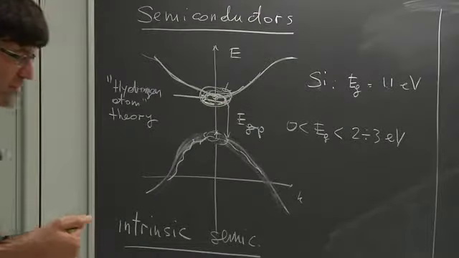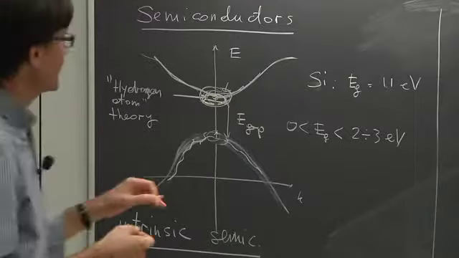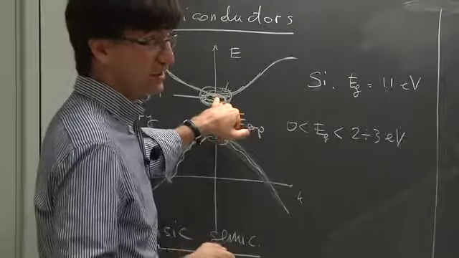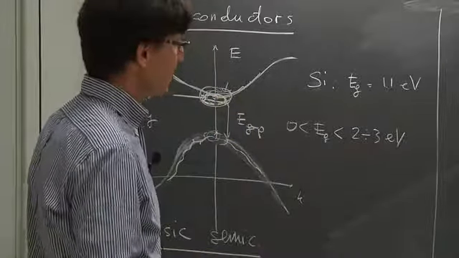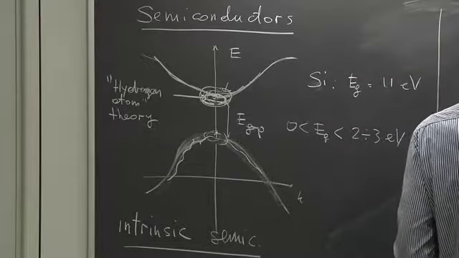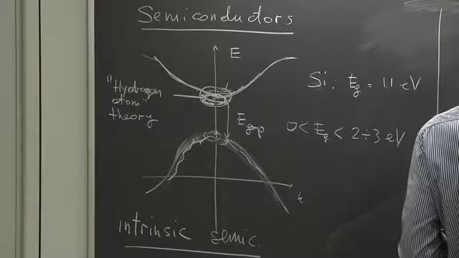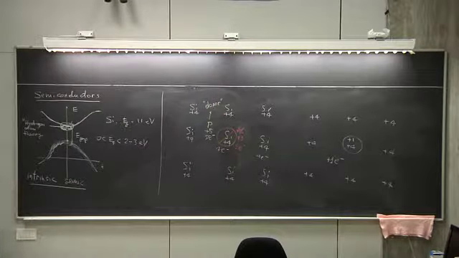But to first approximation, I can actually neglect these changes of energy. The main result is that I've added an electron here in the conduction band. Phosphorus is also called a donor because it donates electrons to the conduction band.